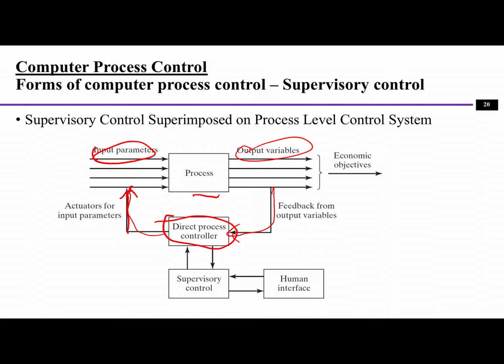On top of that, the supervisory control adds that this control system is based on the decision of a human interface. Right, we can make decisions to make sure that this controller is working the way that we want. So this is a supervisory control system.